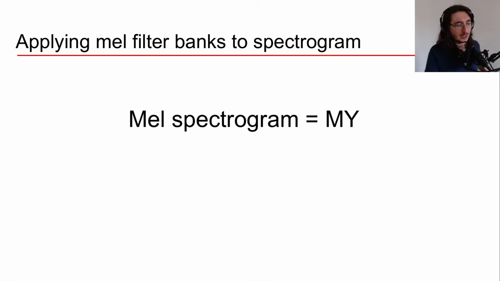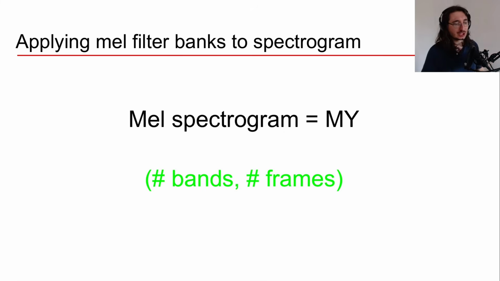Okay, so now let's take a look at the Mel spectrogram. The Mel spectrogram is a matrix itself, and its shape is given by the number of bands. So we have as many rows as the number of bands that we chose, and the number of columns is equal to the number of frames of the original spectrogram.